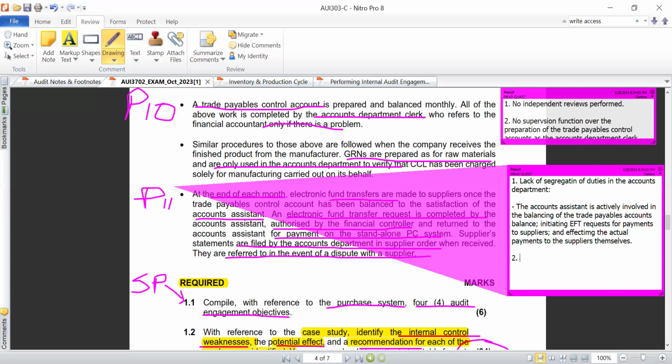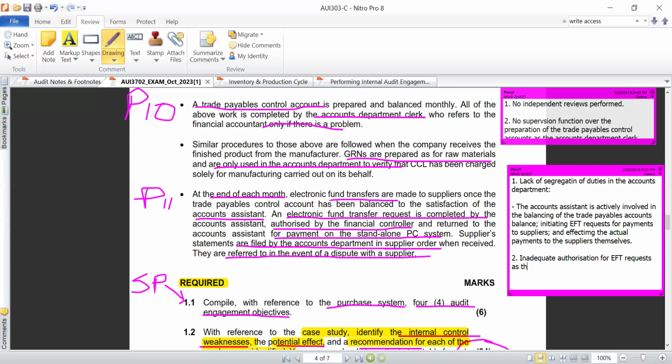All right, inadequate authorization for EFT requests, as this function should be performed by at least, okay, now that's what you put in the recommendation, where you say that the EFT authorization should be performed by at least 2 signatories before a payment is performed to a supplier. That would be the recommendation.